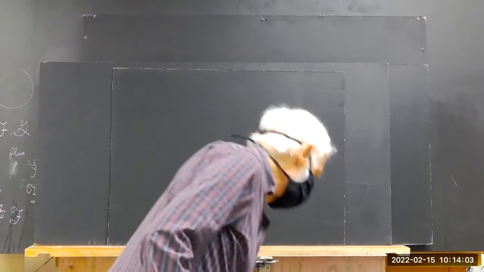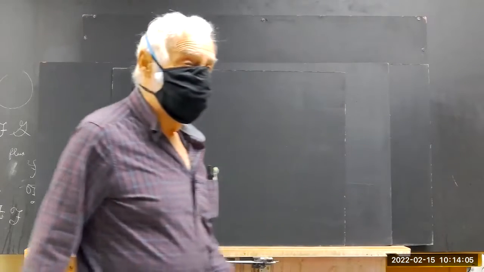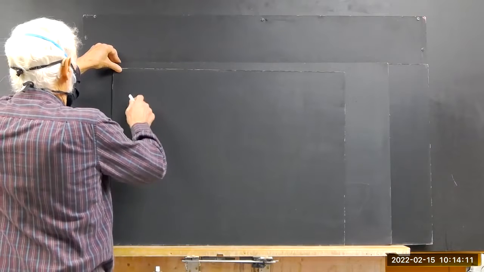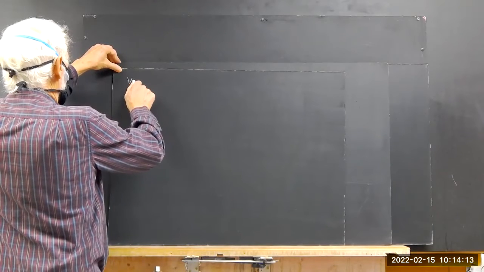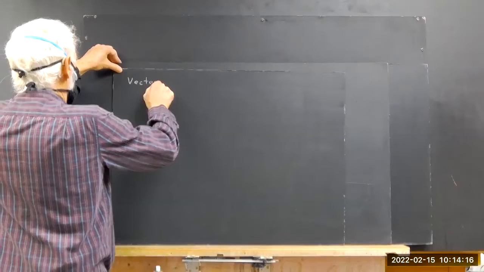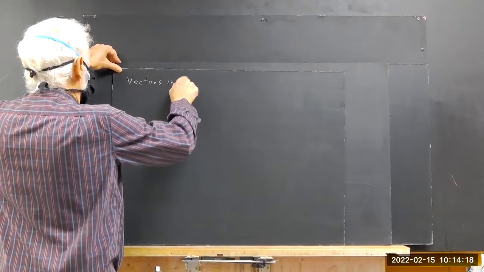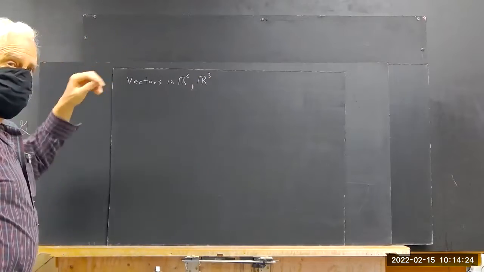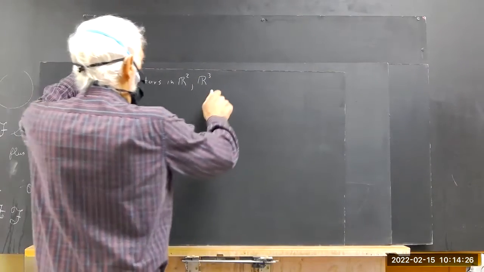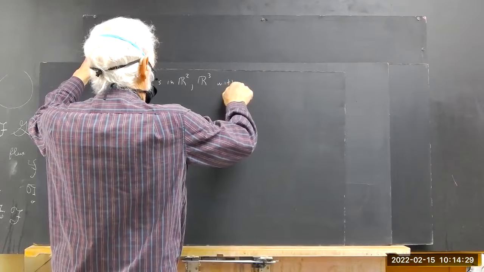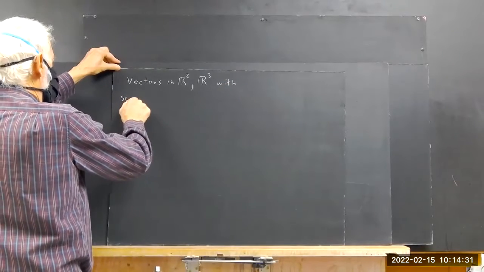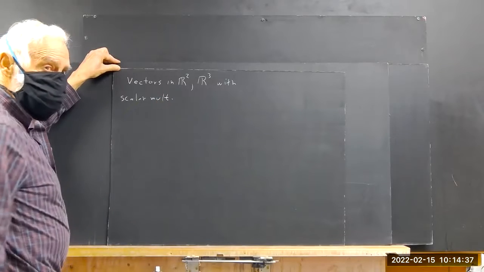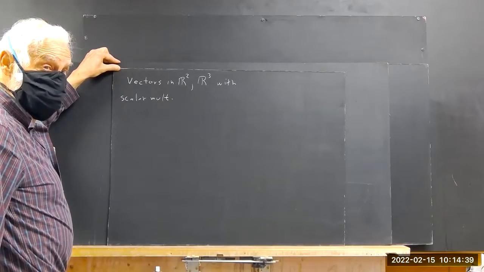So I want to tell you what a vector space is now. First place, vectors in R2 and R3. The scalar multiplication by real numbers, okay?